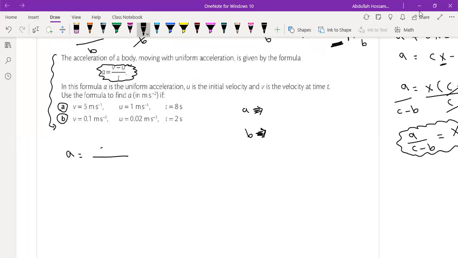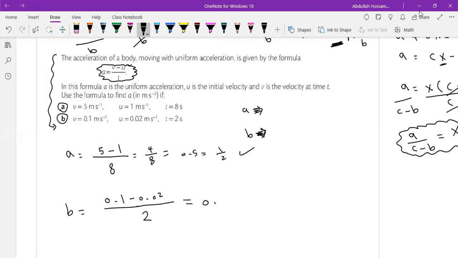V is 5, U is 1, T is 8, so it will be 4 over 8, 0.5 or half, correct? In B, we do the same, 0.1 minus 0.02 over 2, which is 0.04. Okay, guys, you understand? Easy, guys. You just substitute.